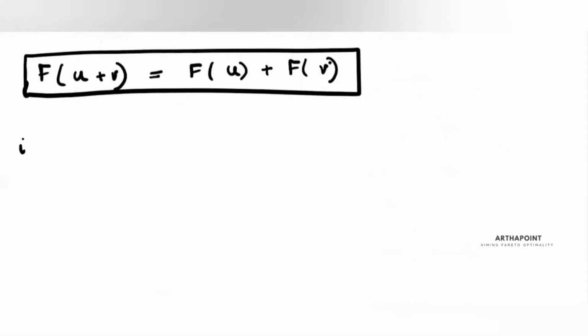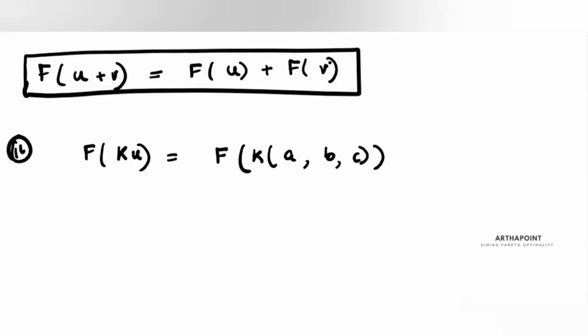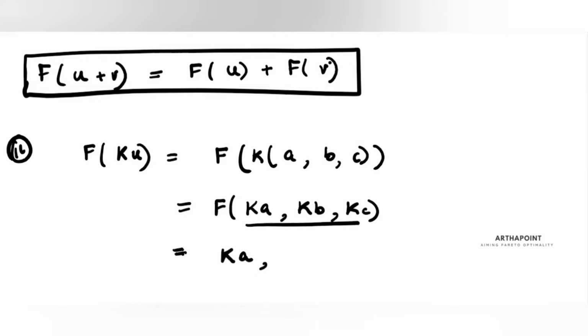So let's do that. To check this, I'm going to find f of k u. So f of k u is going to be f of k into u, where u was a, b, c. So this is going to be f of k into a, comma, k into b, comma, k into c. This is what happens when you apply a function on the vector: the first element comes as it is, second comes as it is, and third comes as 0.